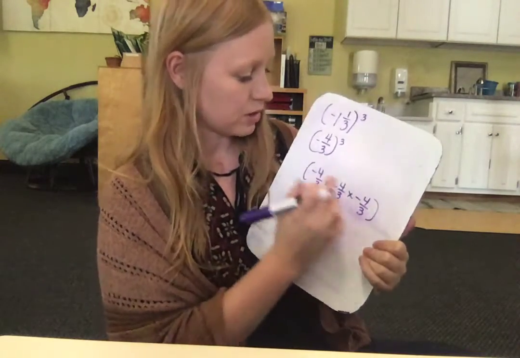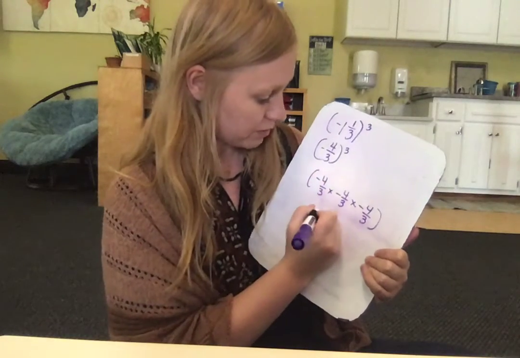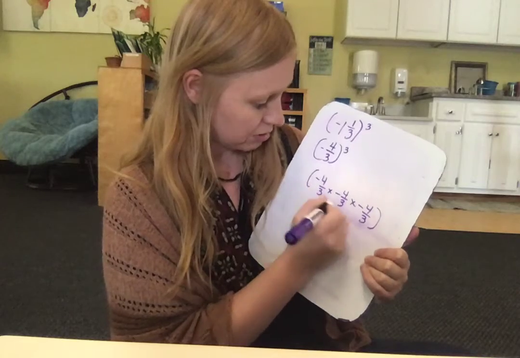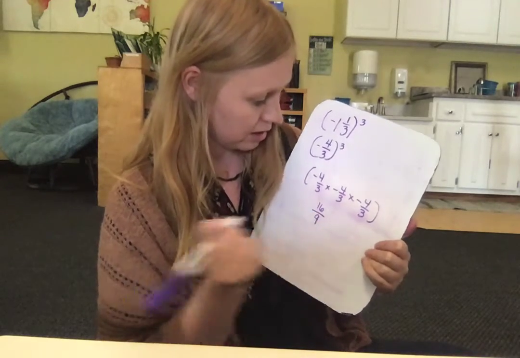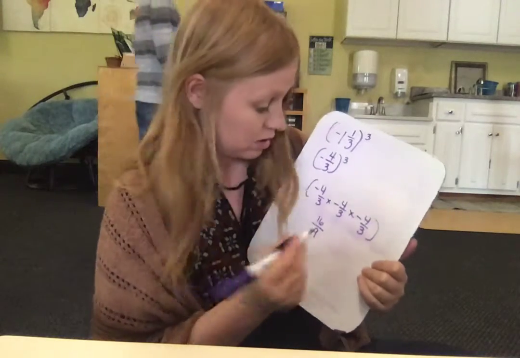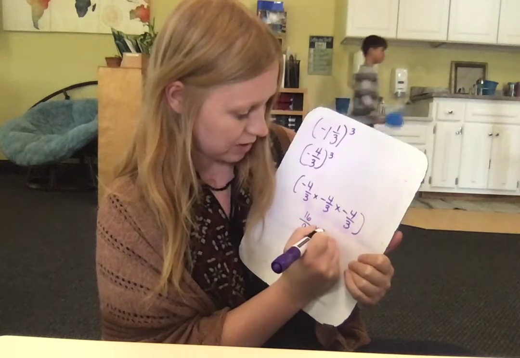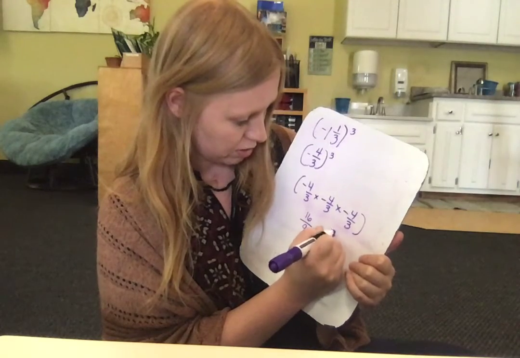Okay, let's deal with the first one. A negative times a negative at first is going to give us a positive. 4 times 4 is 16. 3 times 3 is 9. 16 ninths times, that's positive, negative 4/3.